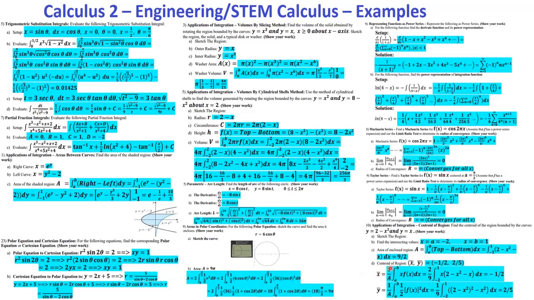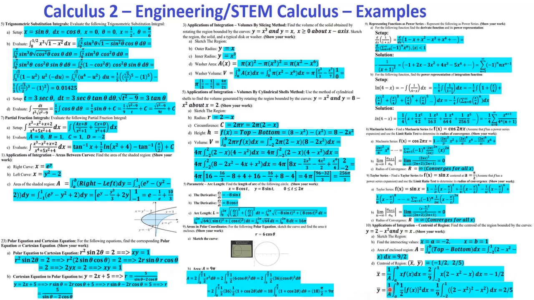So then the centroid of the region is x bar, y bar. To find the x bar, it is 1 over A times the integral from a to b of x f of x dx, which is 2 over 9 times the integral from minus 2 to 1. You integrate this, you get minus 1 over 2.